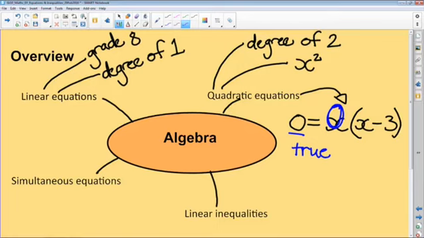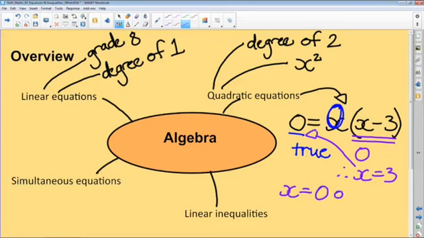But if this bracket over here were equal to 0, in other words, x was equal to 3, then the equation would also be true. So we have two possible values for x. We have x can be 0 or x can be 3.